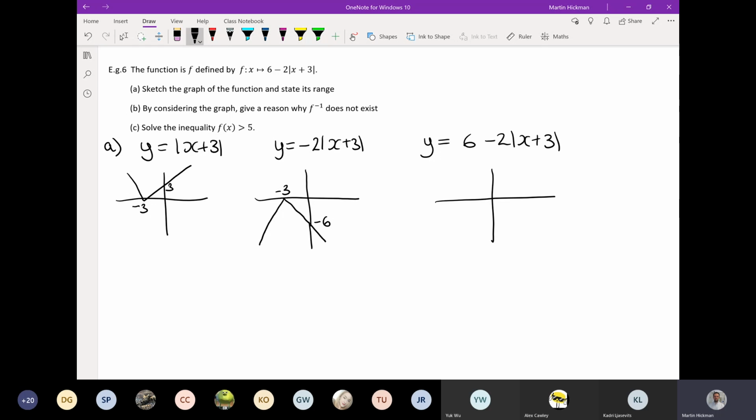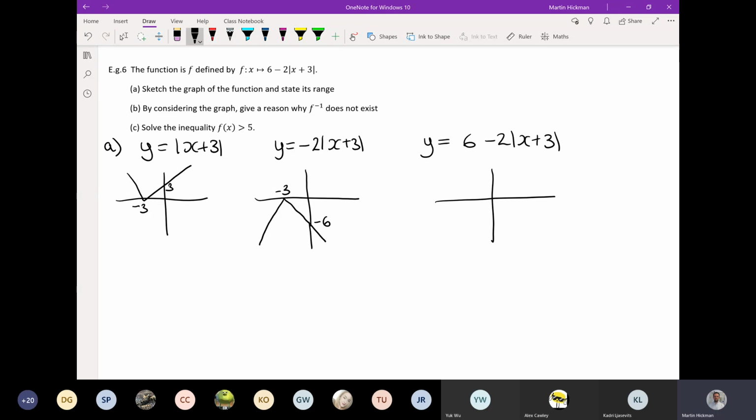You put in modulus of x plus 3, you do that part first, then you times it by -2, and then you add 6 to it.